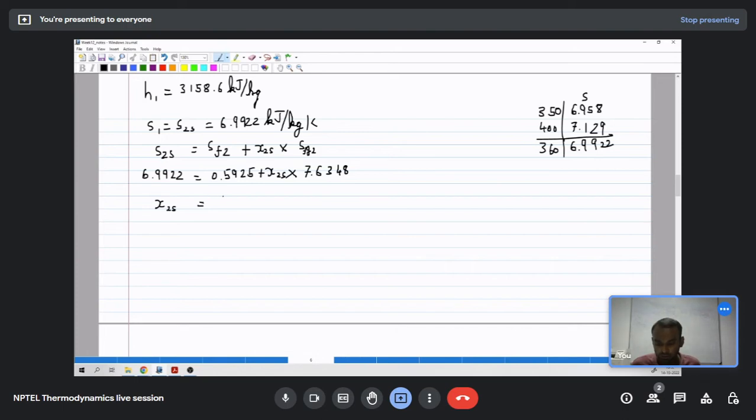Now we have 6.9922 minus 0.5925 divided by 7.6348.